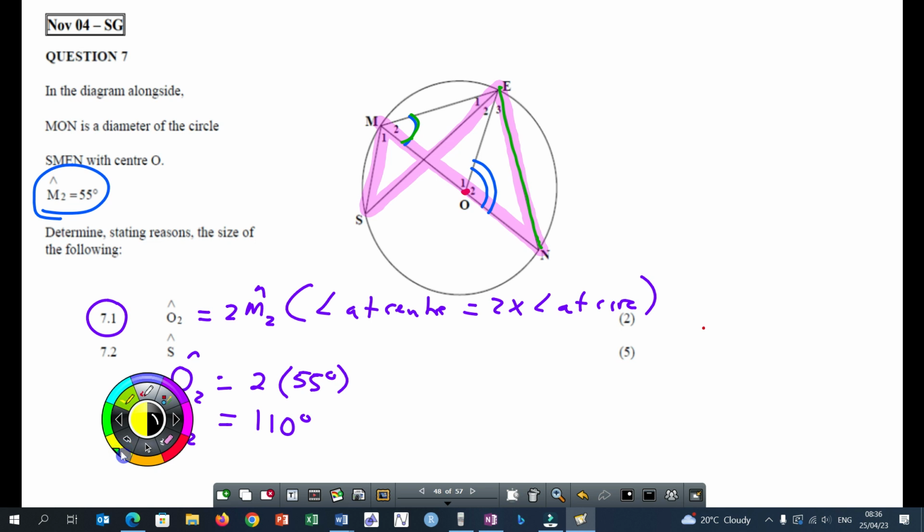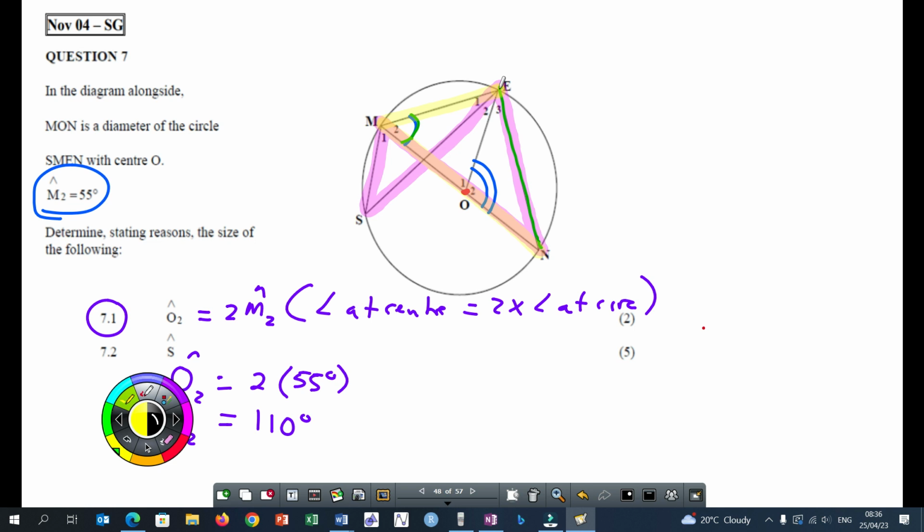So, angle M2 is formed by this diameter and line EM. Both these two lines, ME and the diameter, originate from chord EN. Therefore, an angle at the center is 2 times an angle at the circumference. That's one way, right?